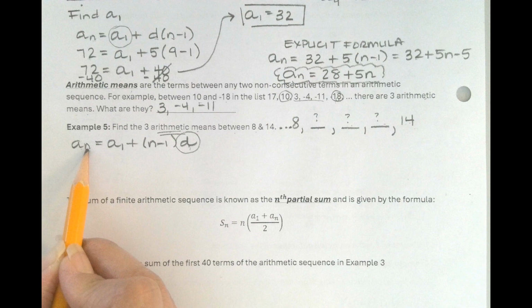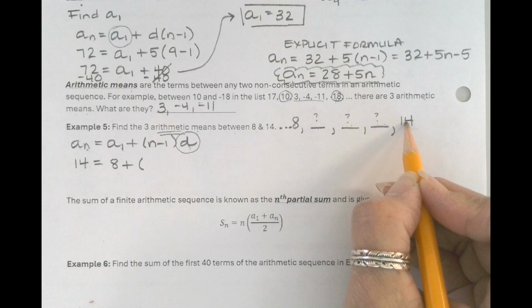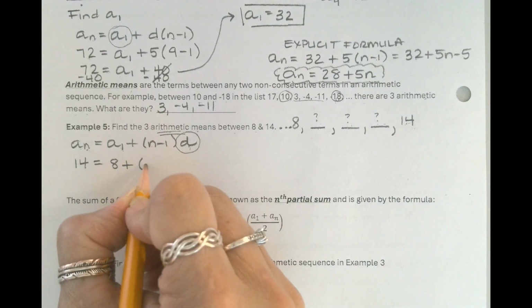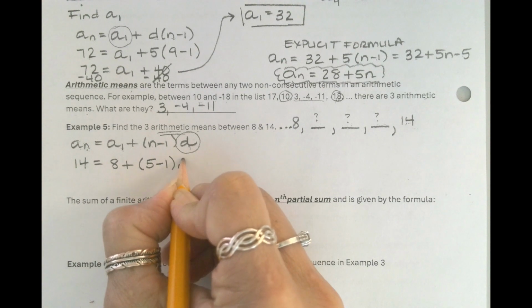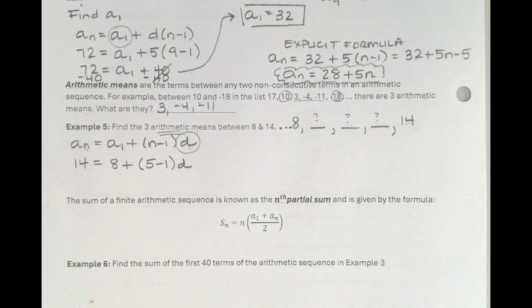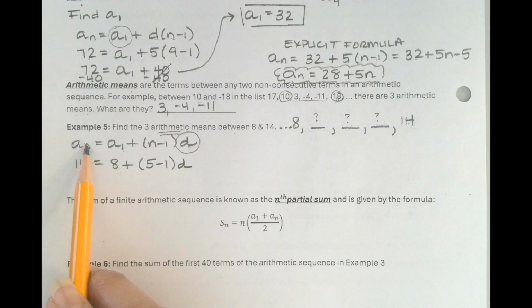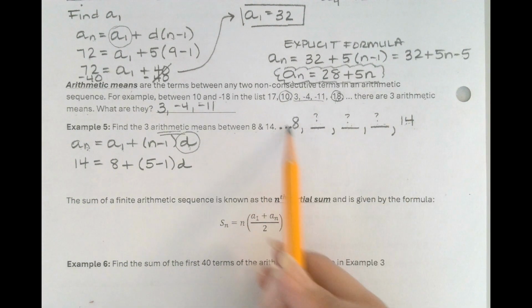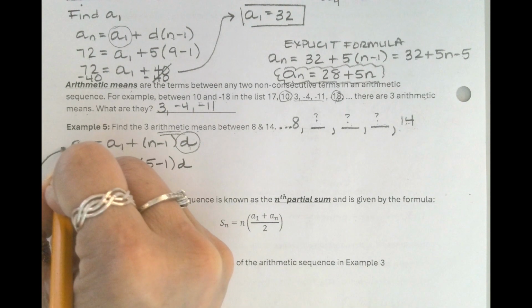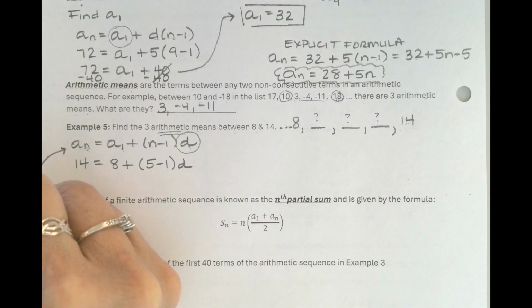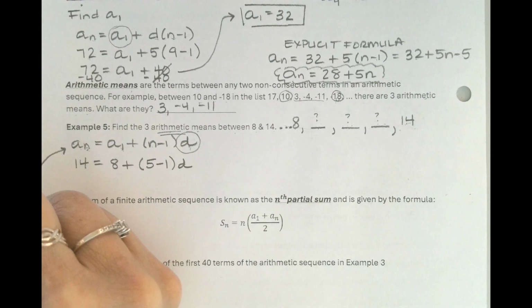Plus n, number of terms, we have 5, and D is what I'm looking for. Again, N is number of terms. We have 5 number of terms, so A sub 5 means the 5th term, okay? A sub 5 is the 5th term.